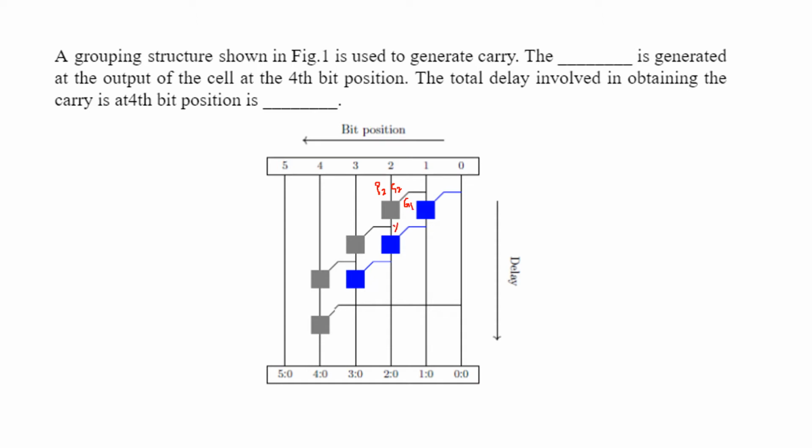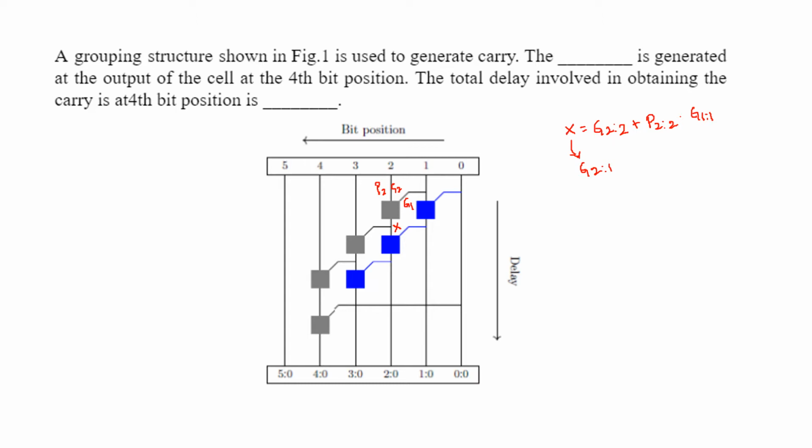Let me call this as X. So X will be equal to G2 plus P2 dot G1. Right? So what does this basically give you? This will give you a generate 2:1. So this is basically at the position X.